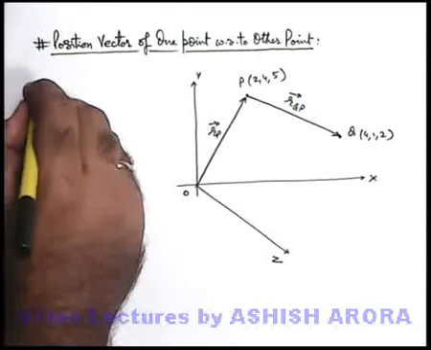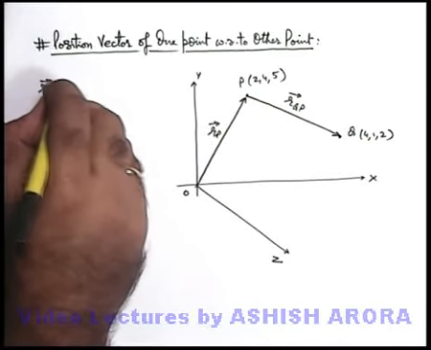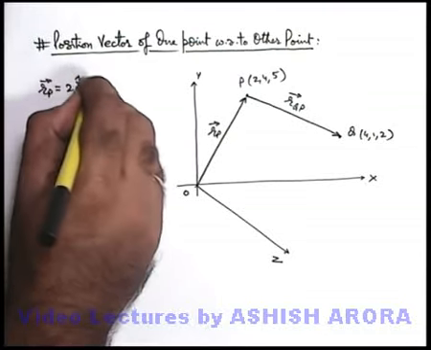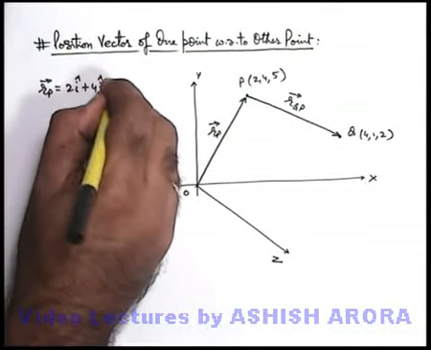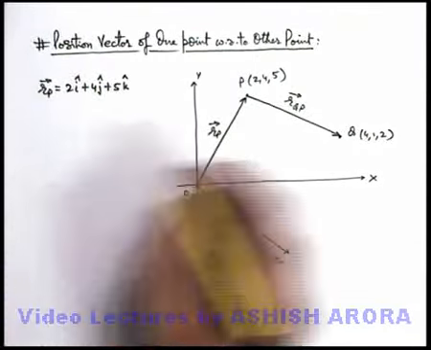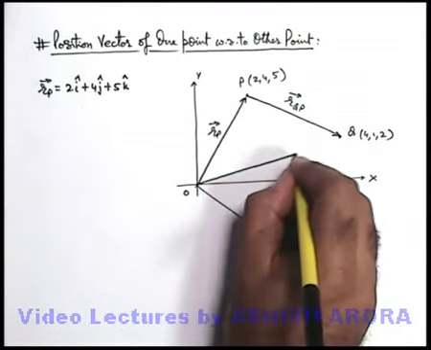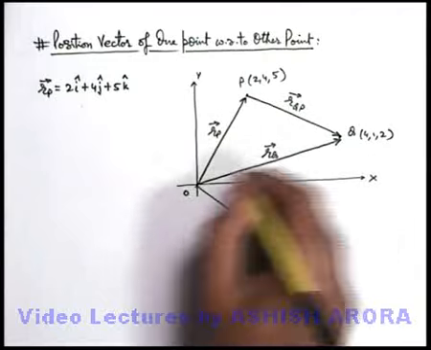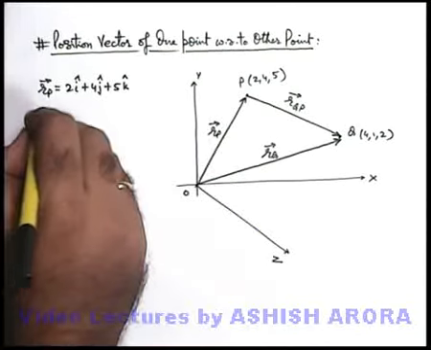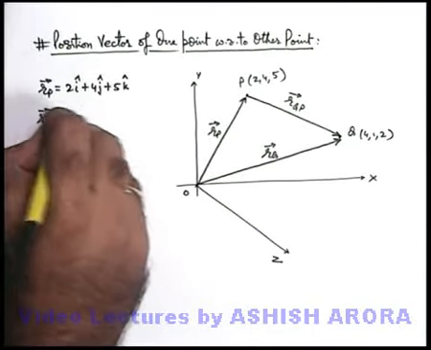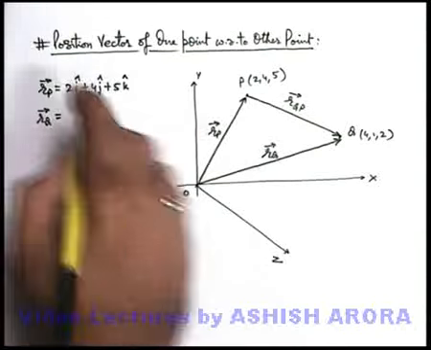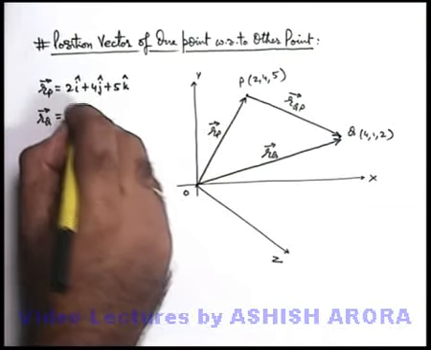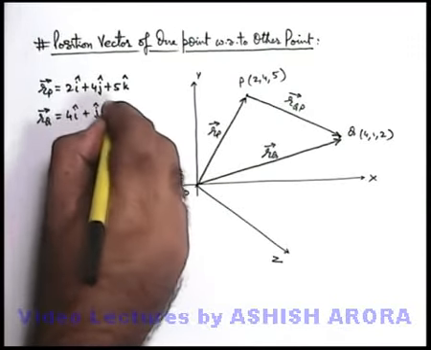Using its coordinates, we can directly write RP as 2i cap plus 4j cap plus 5k cap. Similarly, we can find the position vector of point Q, RQ, with respect to the origin. Again, RQ we can directly obtain using its coordinates, that is 4i cap plus j cap plus 2k cap.